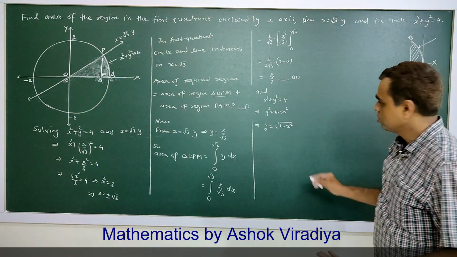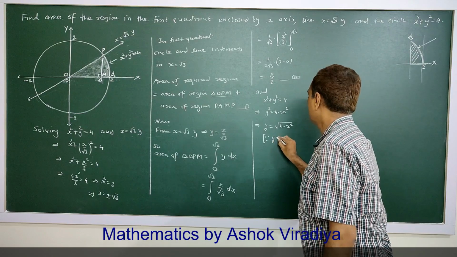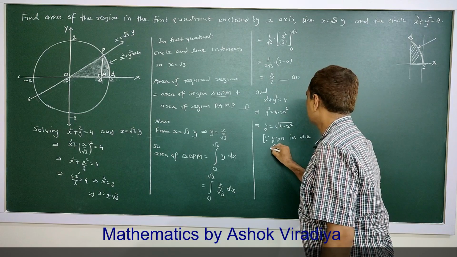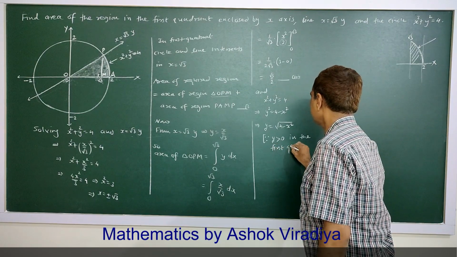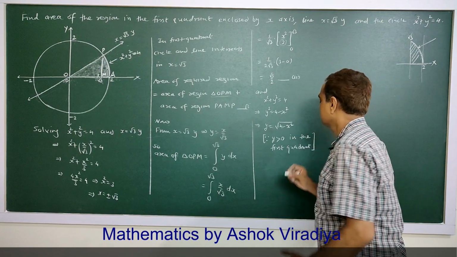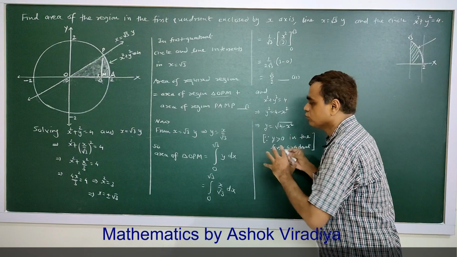With reason I am putting here the statement, because y is more than 0 in the first quadrant. So this is the y to put in the formula.